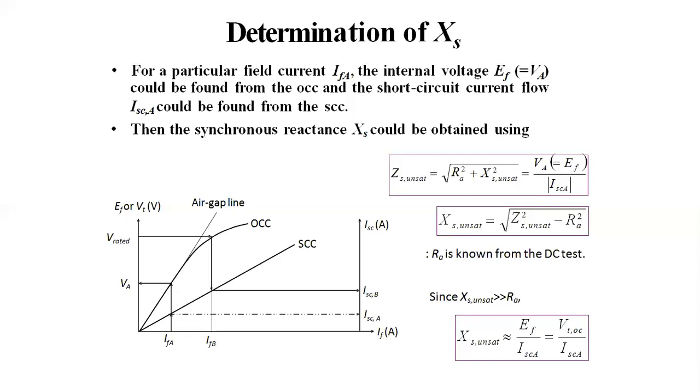So from there we can directly measure the synchronous reactance. Again, it's a repetition: the synchronous reactance is a very important topic, which is the total reactance of the circuit. Try to understand the summation of armature reactance and armature reaction reactance.